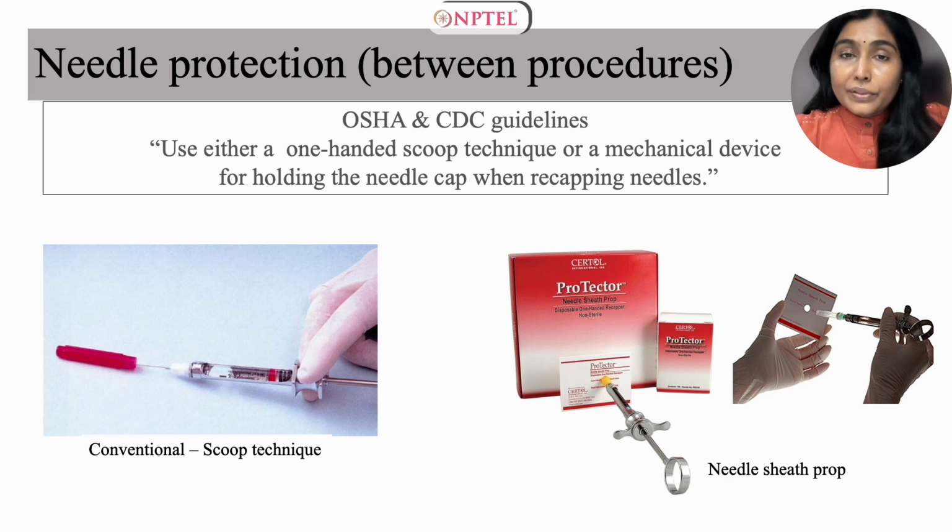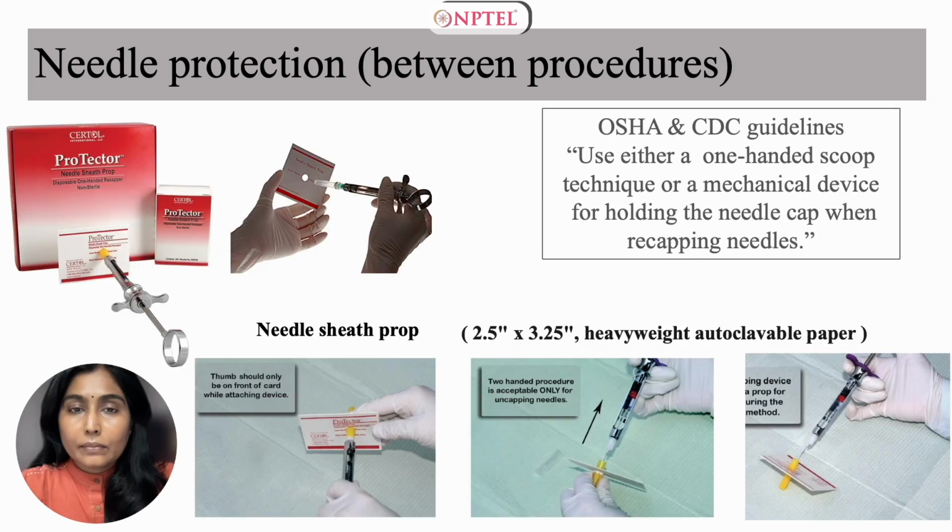So we have a different kind of a solution called the needle sheath prop. This serves as a prop for single-handed scooping technique. The needle sheath prop is heavyweight, single-use autoclavable paper. Let's check how it is used. All you have to do is simply place the needle cap onto the designated slot on the prop.